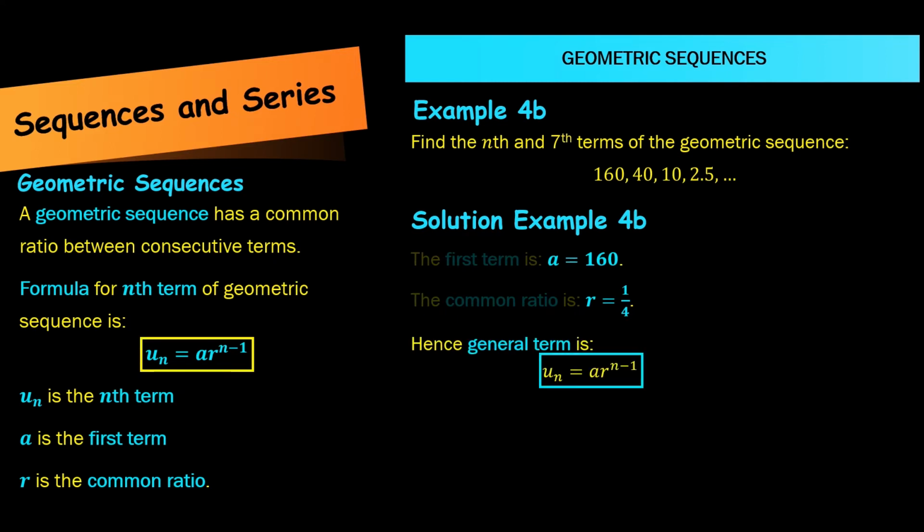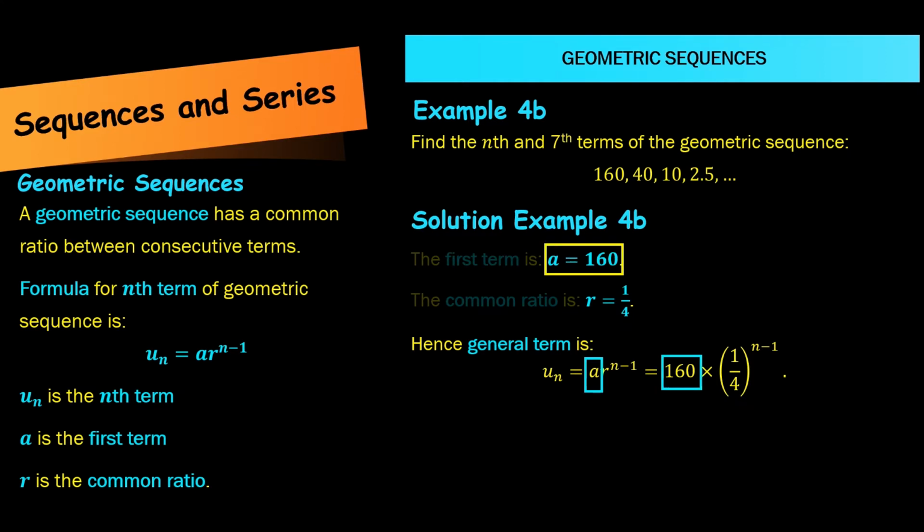And so the general term is u subscript n equals a, which is 160, multiplied by r, which is a quarter, raised to the power n minus 1.